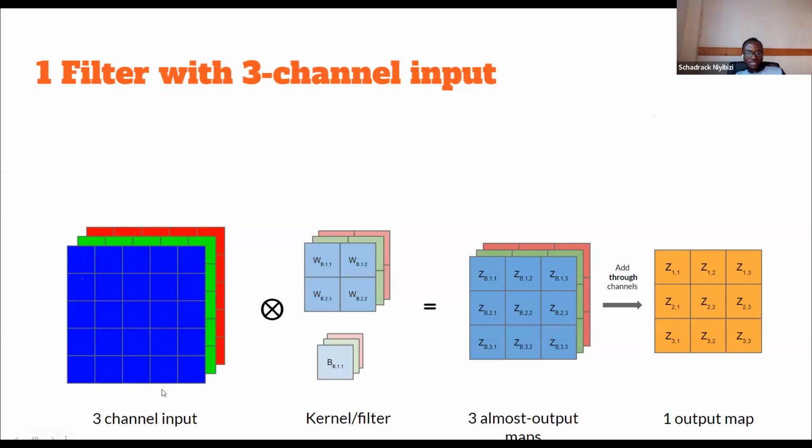For example, if you have 3 input channels here, each channel here will be multiplied by those three channels here.